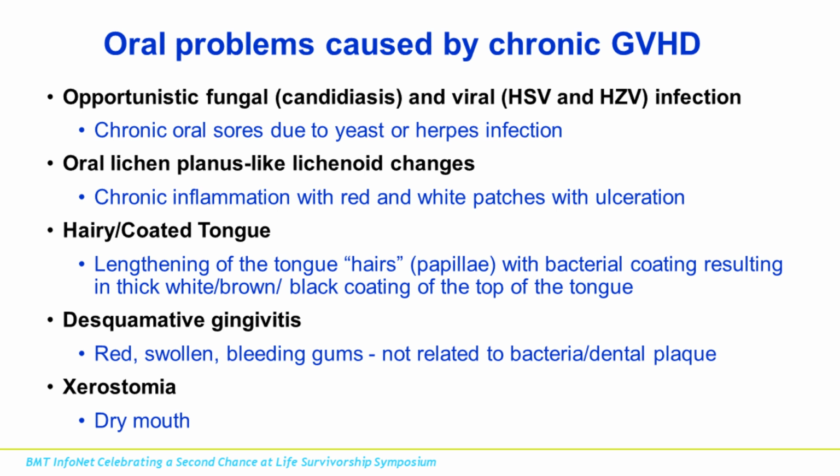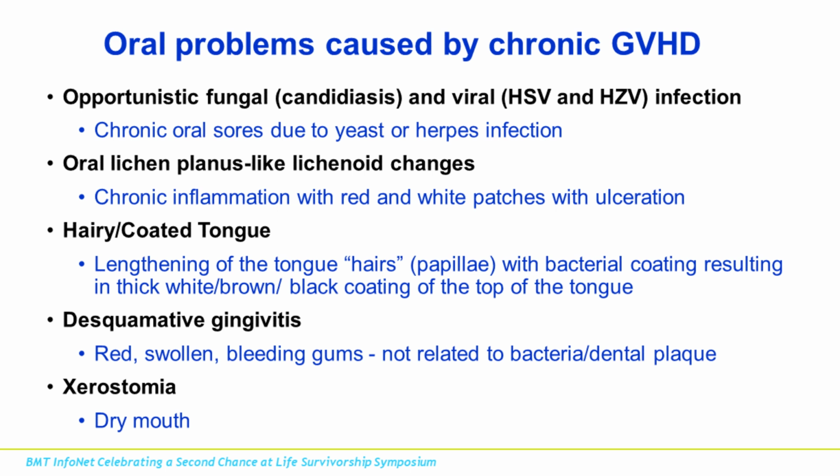The most common condition that we see in patients with GVHD, we call oral lichen planus or lichenoid changes. This is a very common condition we see in non-GVHD patients in the general population, called lichen planus, which is a red and white patch with striations. A similar lesion also occurs more frequently in bone marrow transplant patients, and that's what we call lichenoid. They look exactly the same, even microscopically in the biopsy.